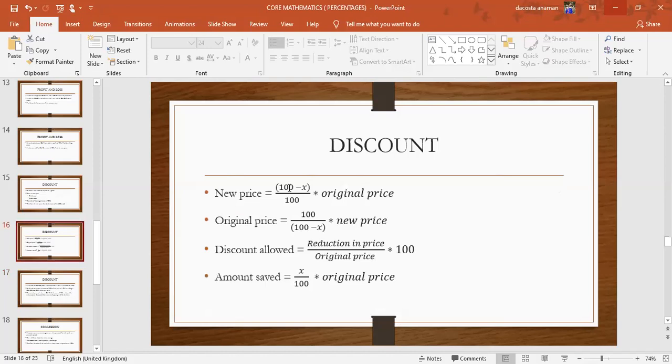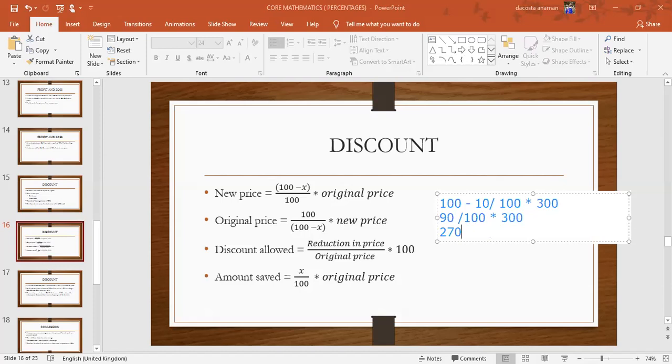Therefore, 100 minus the x, which is 10, all over 100 times the original price, which is 300. 100 minus 10 will give us 90 over 100 times 300. And that will give us what? 270 Ghana cedis. Is that okay?